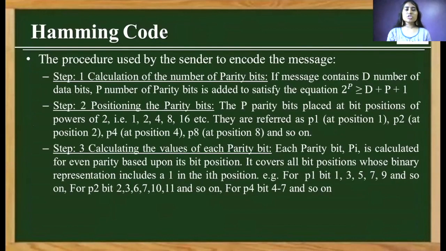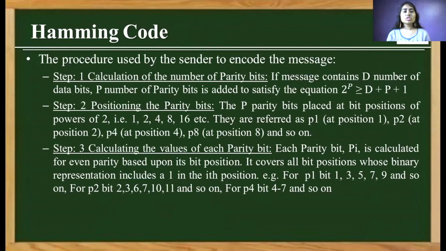The procedure used by the sender to encode the message in Hamming code for error correction purposes. Here are the steps. Step number 1, calculation of the number of parity bits. That means calculation of the number of redundant bits which are added to the message for error correction.